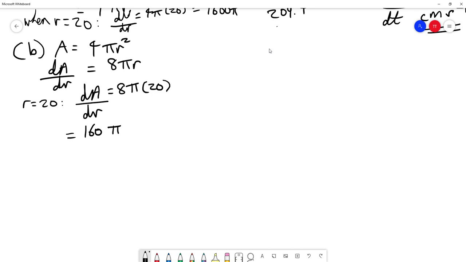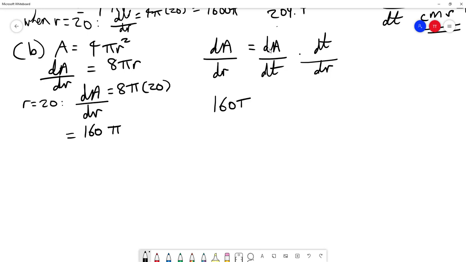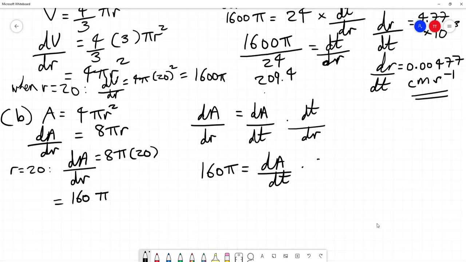So now we can use the chain rule and say dA by dr is dA by dt times dt by dr. Now we know that this is 160 pi. We want to work out dA by dt. We've got this from before, so we need to be careful though.